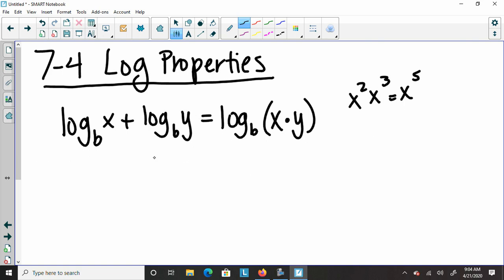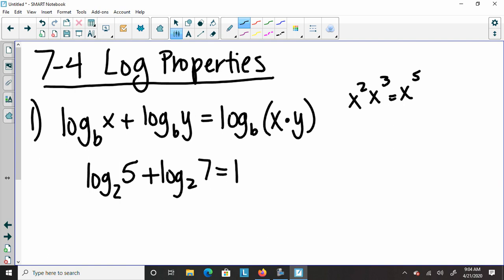All right. So when you see a plus sign in between two logarithms, that changes into one log, and the two numbers that you take the log of are multiplied. Okay. So that's our first property. I guess we could do one example. So if I had something like log base 2 of 5 plus log base 2 of 7.